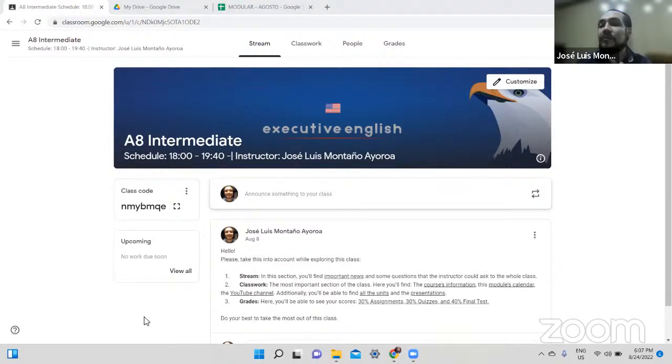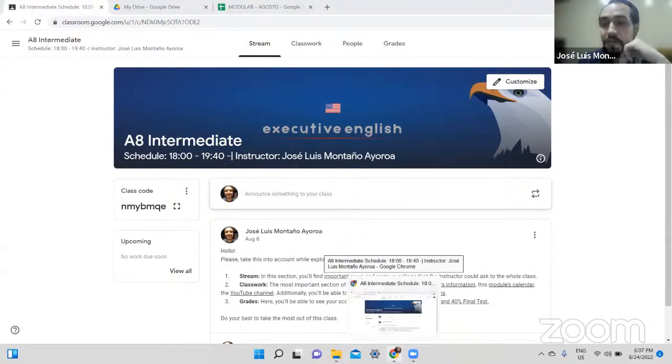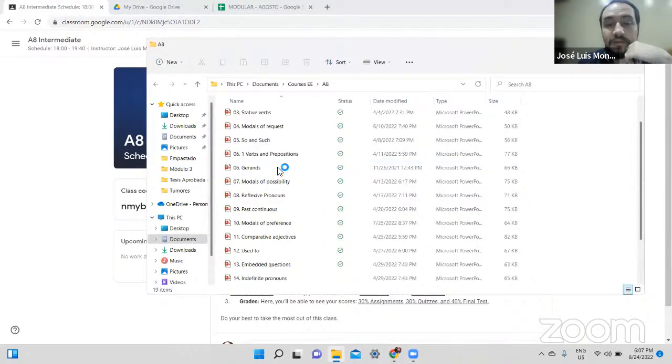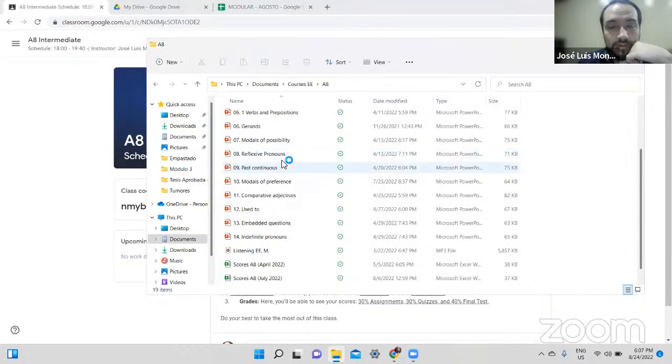I'm going to continue working with the lesson that is due today, and we are going to practice as always. All right, so let's begin. Today we have to keep working with the next lesson for the third unit. We finished with past continuous over there.